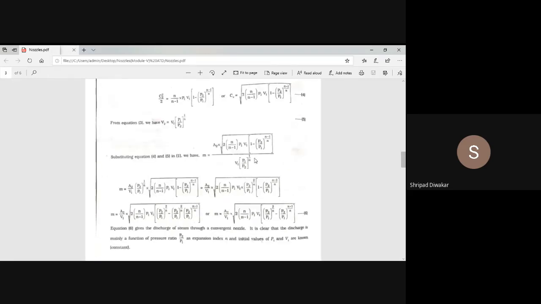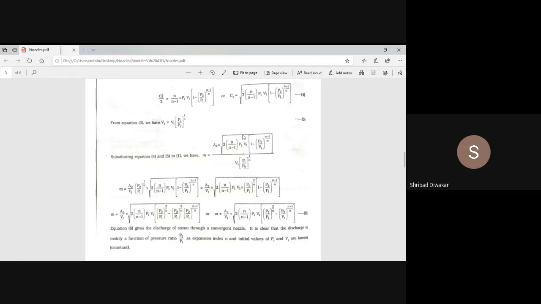So first you substitute all the equations properly in the mass flow rate of the steam in the nozzle, A2 C2 divided by V2. You remember C2 is the velocity at exit, and V2 is the volume of the steam at the exit of the nozzle.